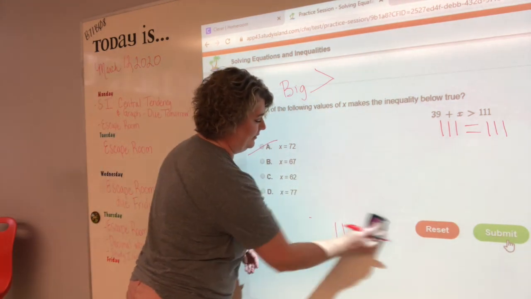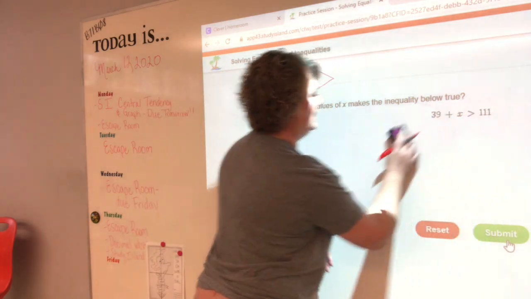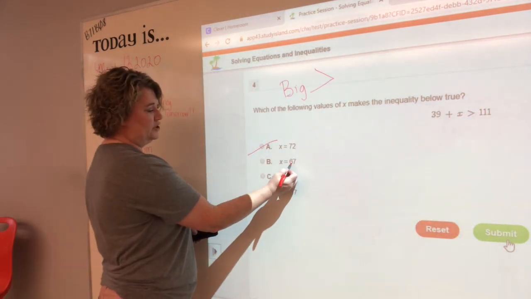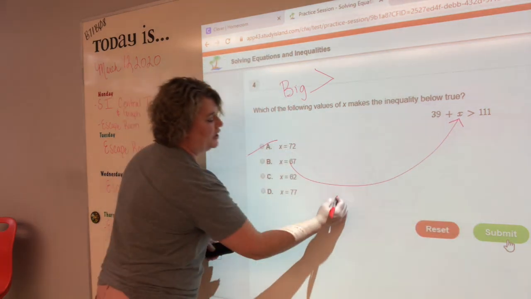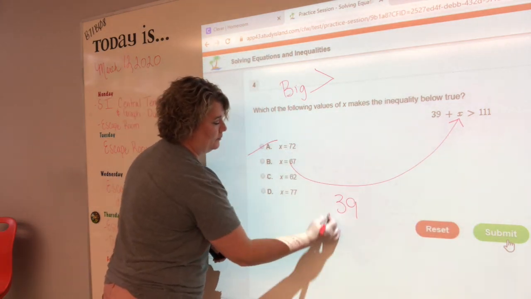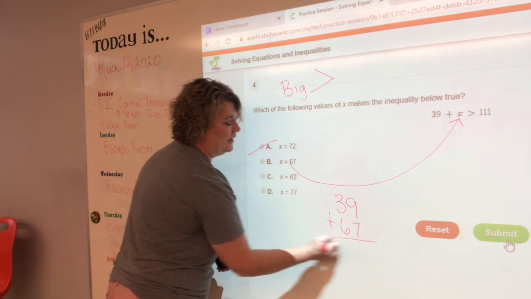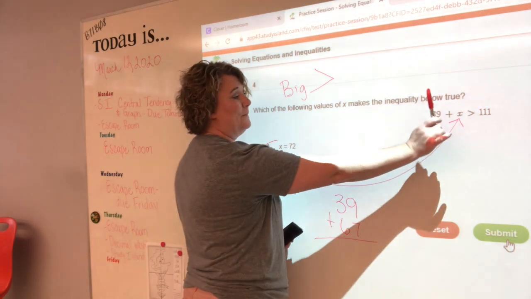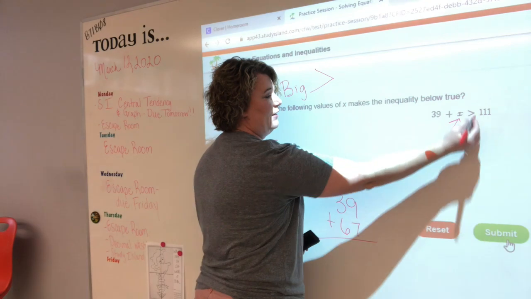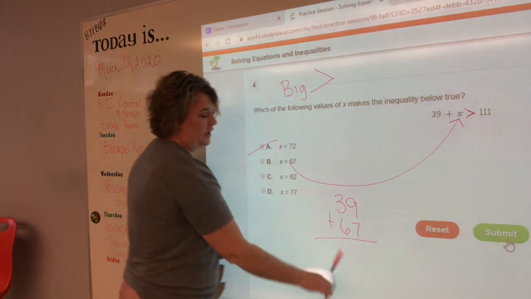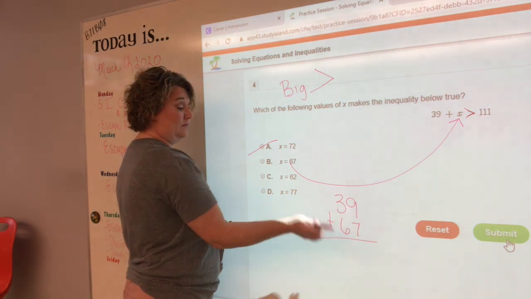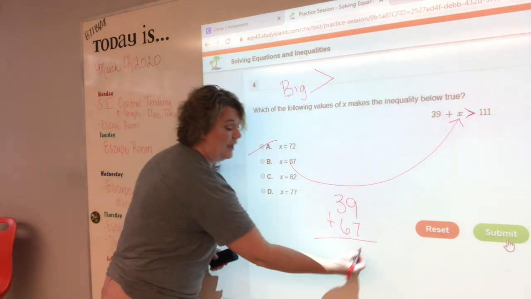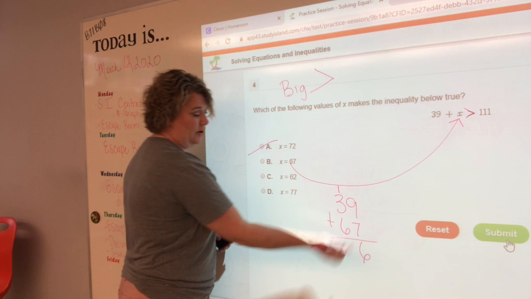It can't be A. Let's see if it could be B. Here's my next x. I'm going to plug in right there. So 39 plus 67. And remember, whatever we get has to be bigger than 111 because of that sign right there. So 9 and 7, if I put 10 right there, 10 and 7 would be 17. And if I take 1 away, I would get 16, carry a 1.